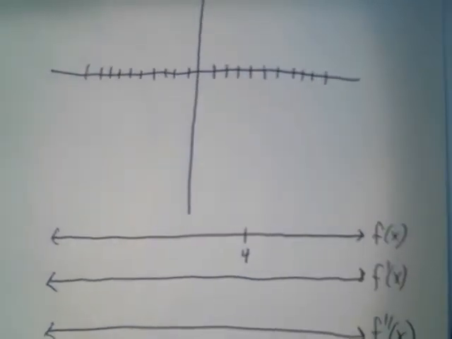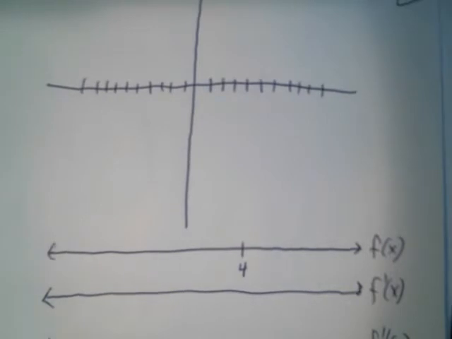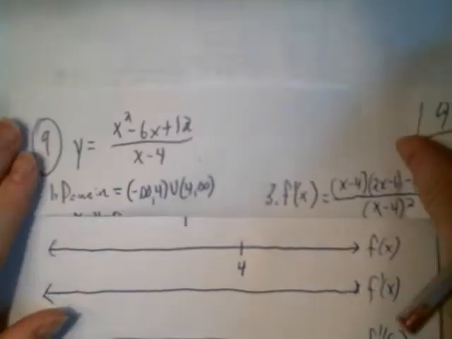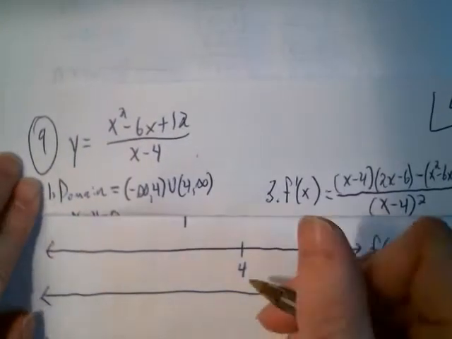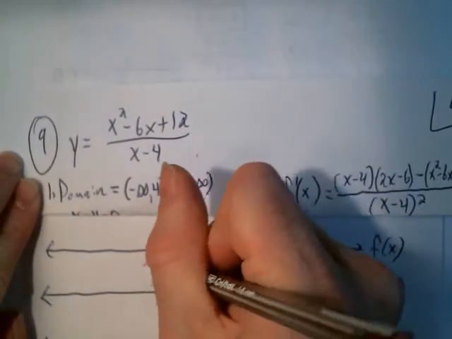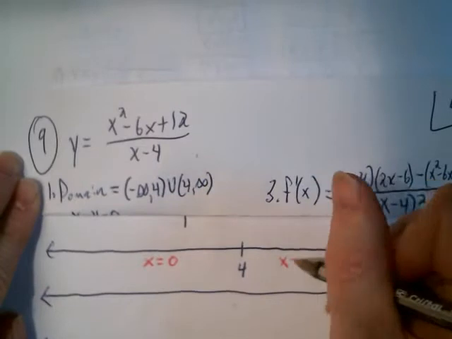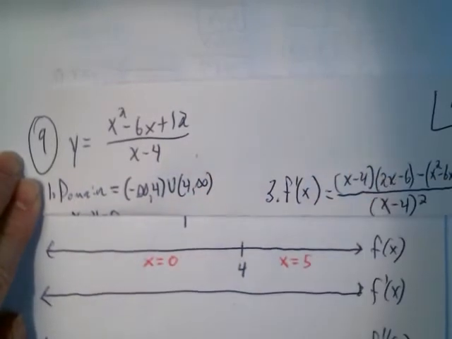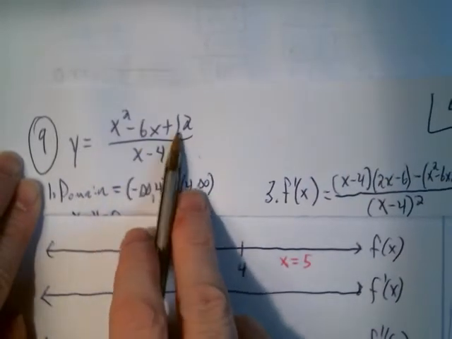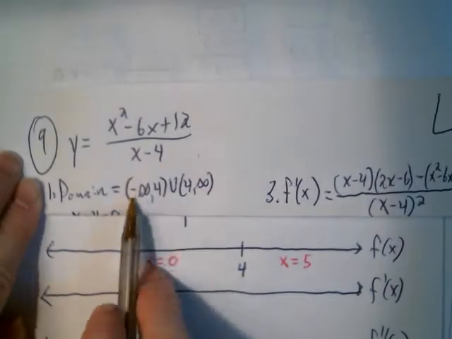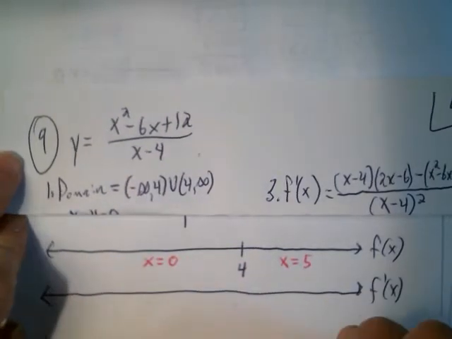Okay. Get the sign of the function to either side of this guy. So I'm working with test values, plugging them into this original function. So let's try x is 0 and then x is 5. When x is 0 in here, you'll get 12 all over -4, which is -3, which is the y-intercept.